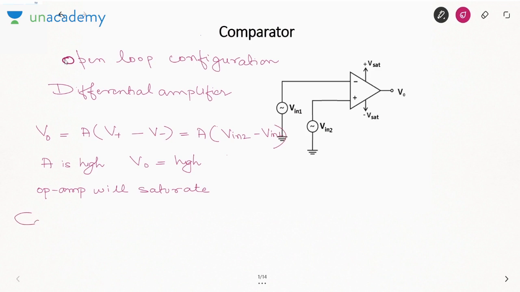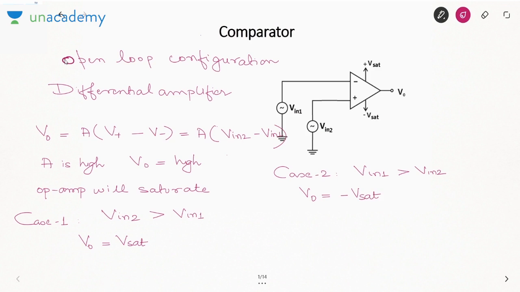Now take two cases. Case 1. If the input voltage at positive terminal is greater than the input voltage at negative terminal, in that case what will happen? The positive terminal voltage is higher, so V0 will be equal to Vsat. Okay. And what will happen in the second case? If I talk about case 2, if V in 1 is more than V in 2, that is the negative terminal voltage is more than the positive terminal voltage, in that case V0 will be minus Vsat.